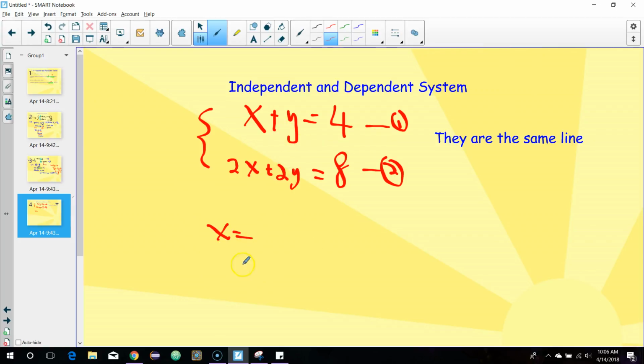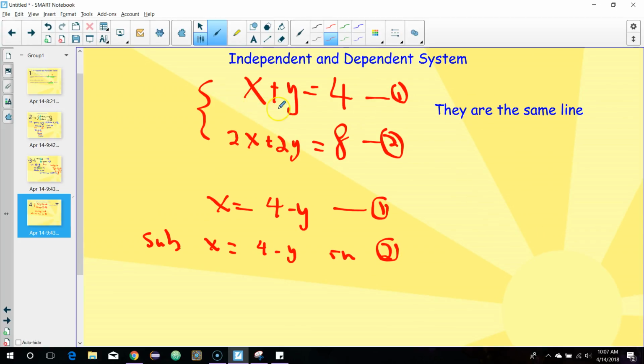I'm going to move this y to the other side. So my first equation turns into this: x is equal to 4 minus y. So I'm going to substitute this in the second one. Okay?